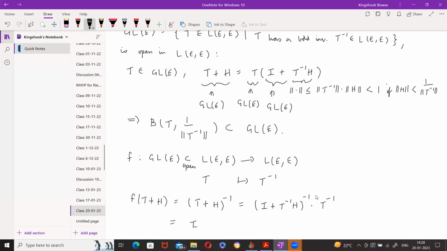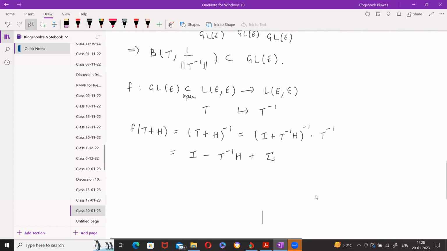This becomes identity minus T inverse H plus a sum, n goes from 2 to infinity, of minus T inverse H power n, the whole thing into T inverse.